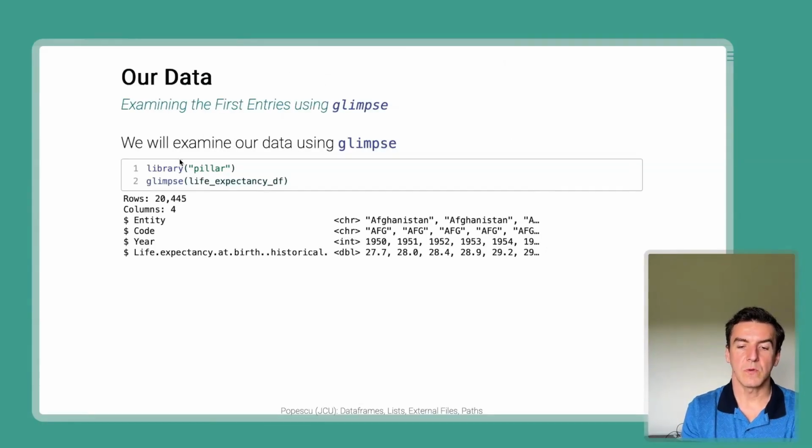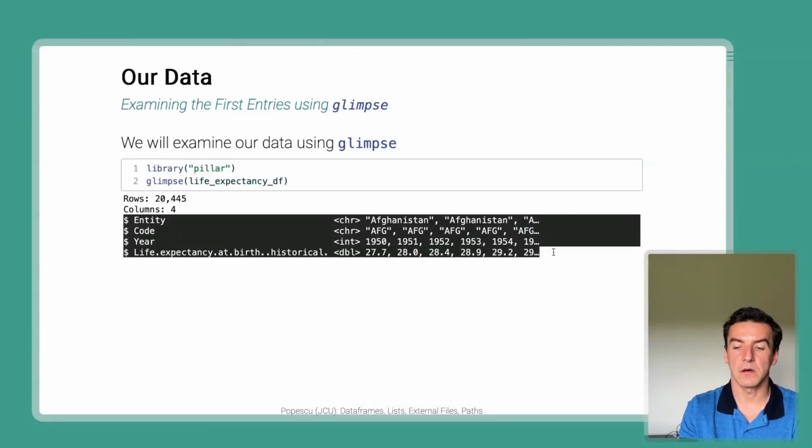Okay, the reason why I used pillar is because I want to use this function called glimpse. Glimpse is a specific command within pillar, which allows me to have a quick glance at the data. This allows me to see, for example, that I have 20,445 observations, 4 columns, and it also tells me the types of variables that I'm dealing with.